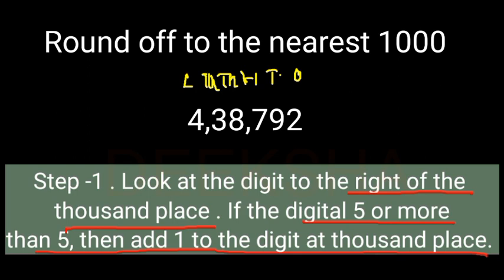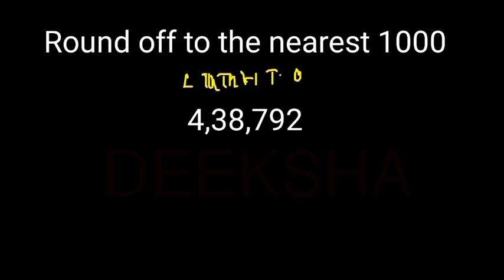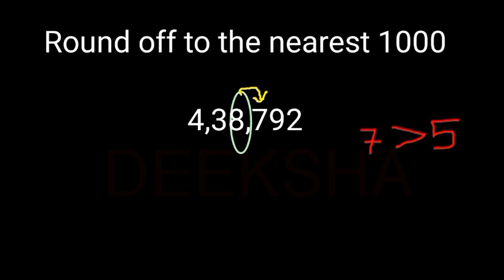Let us understand with the example. Here in the example, the digit in the thousand place is 8. So you will check the right digit, which is 7. And 7 is greater than 5. So there you will add 1 to the 8.